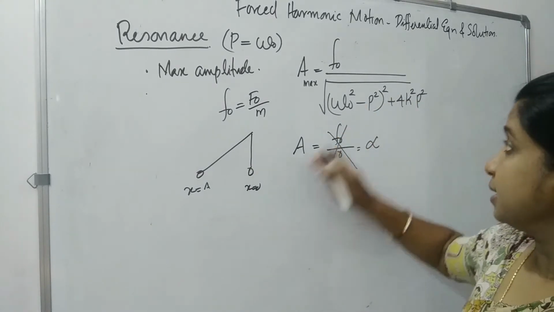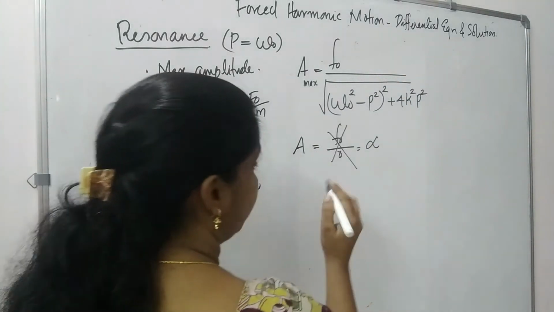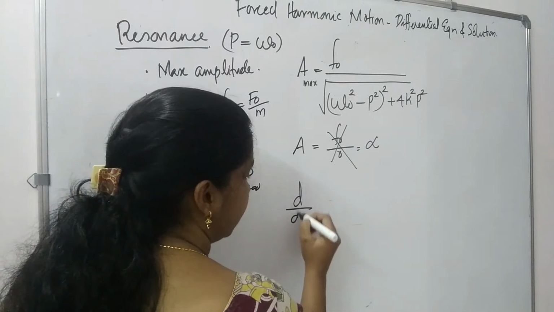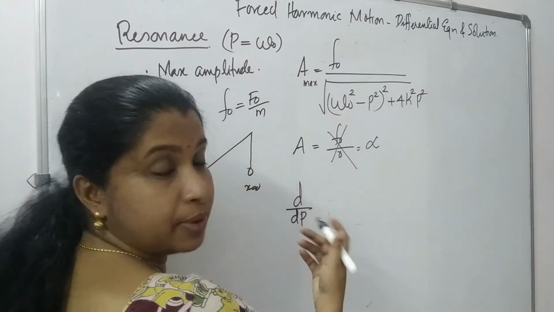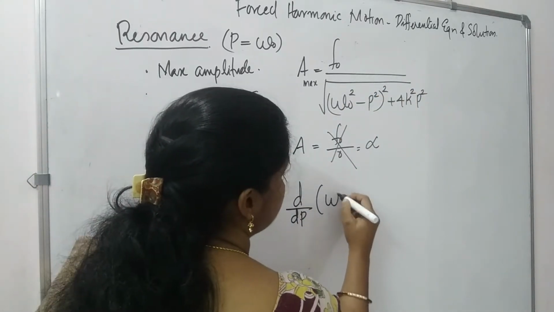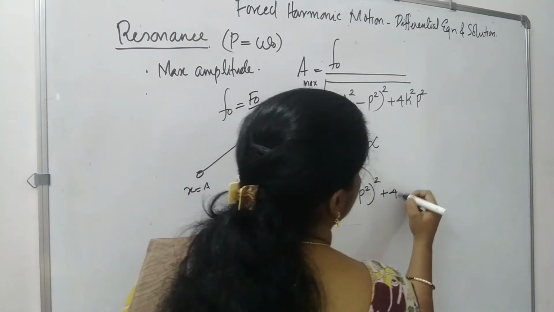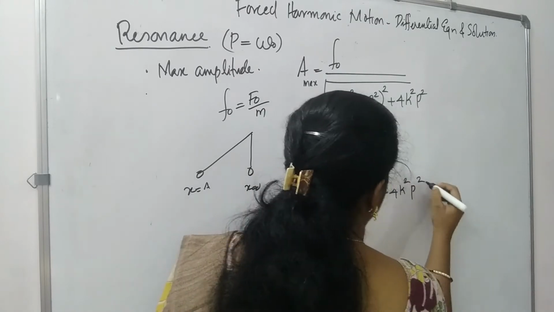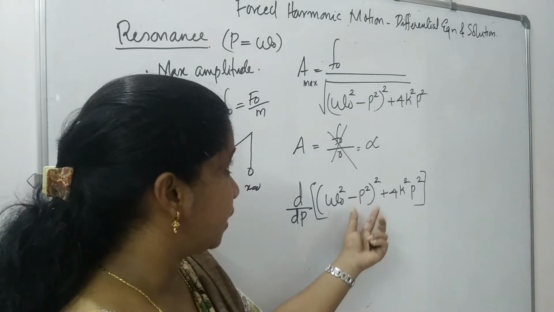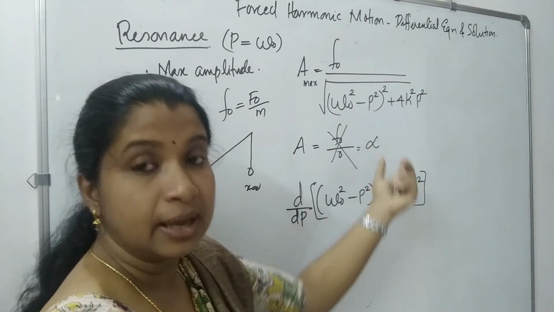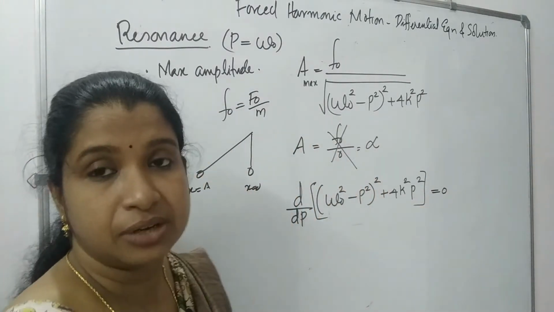So we take that the denominator should possess minimum value, and the condition for minimum value is d by dp, because here the variable is p, the external frequency. d by dp of this function, (omega 0 square minus p square) the whole square plus 4k square p square, is the smallest value which can be taken from this function. This smallest value is equal to 0. This is the condition for minimum value.